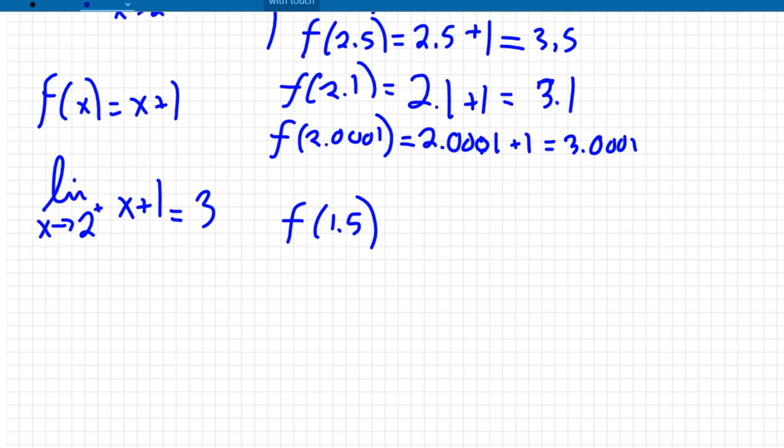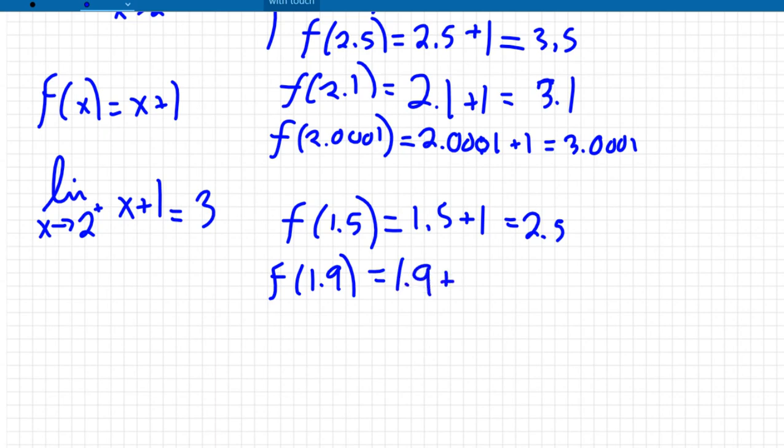So we put 1.5 into our function, and we'll get 1.5 plus 1 equals 2.5. And we'll take a value a little bit closer to 2. Function of 1.9 equals 1.9 plus 1, which equals 2.9. And so on and so forth. We'll keep going.